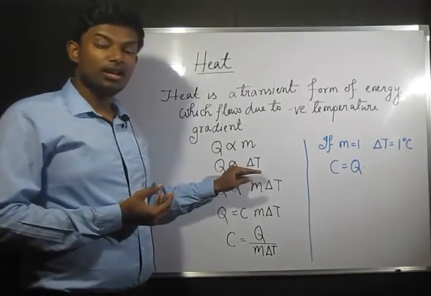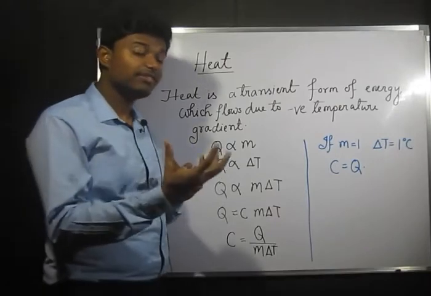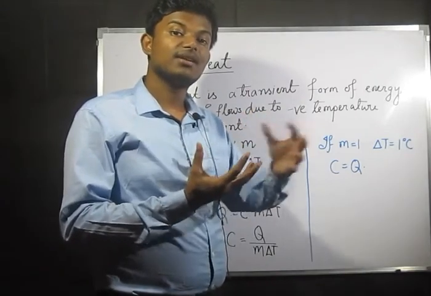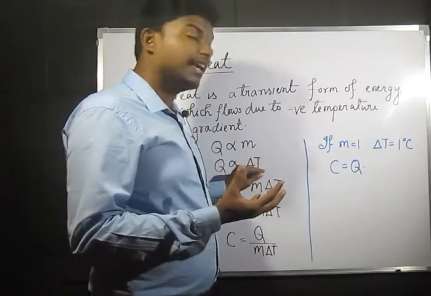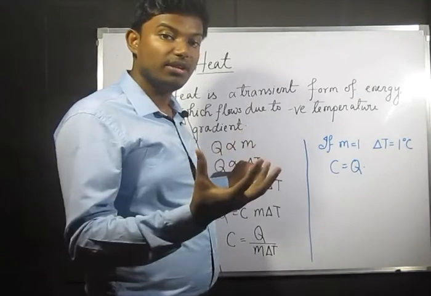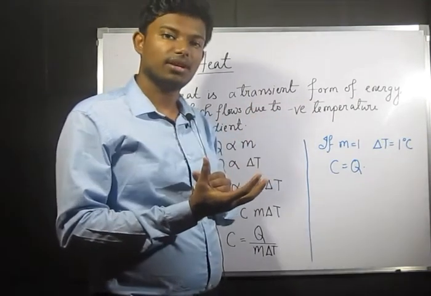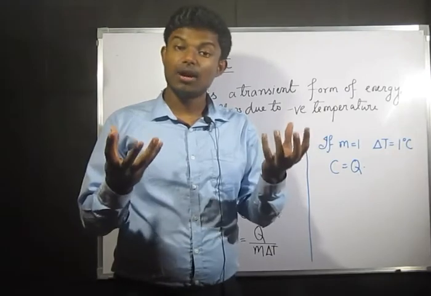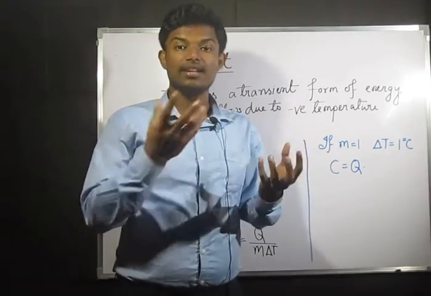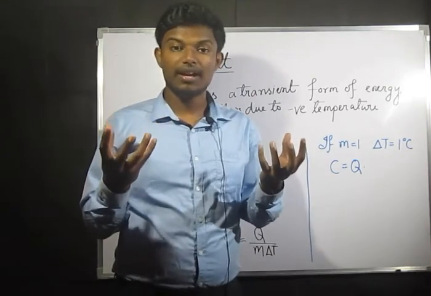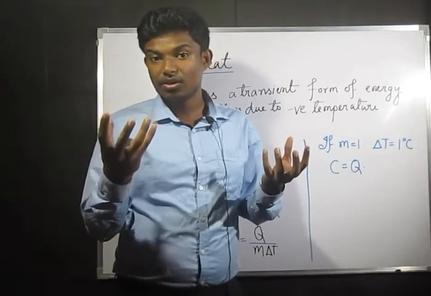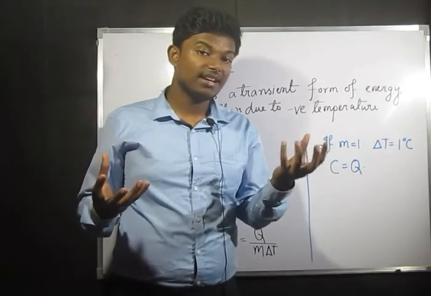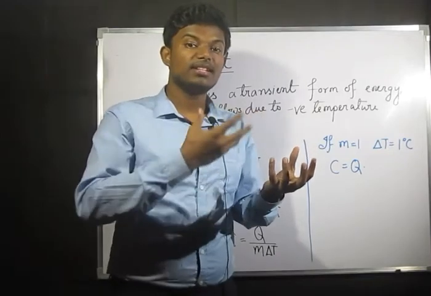Again, heat is going to be proportional to temperature difference. If a body is at 100 degrees centigrade, then raising its temperature from 100 to 101 degrees will take less heat in comparison to a body at 0 degrees centigrade that you want to take to 101 degrees centigrade. If you have two bodies, one at 0 and one at 100 degrees centigrade, and you want both to reach 101 degrees centigrade, the body at 0 degrees will take much more heat because the temperature difference is higher, and the body at 100 degrees will take less heat because the temperature difference is lower.